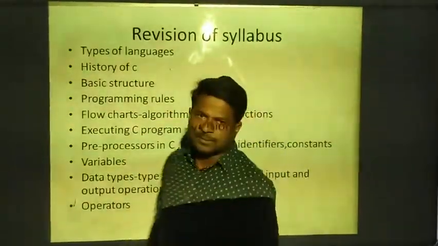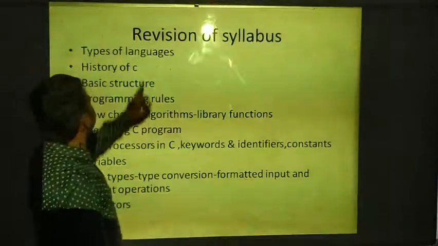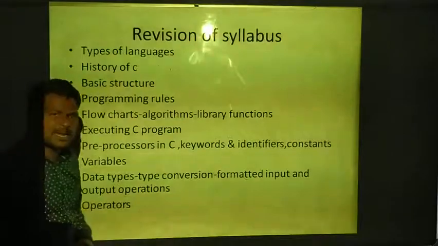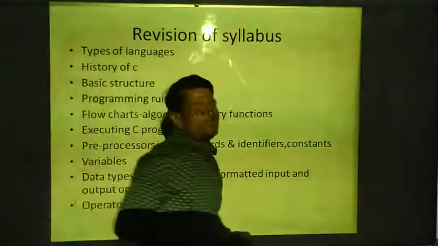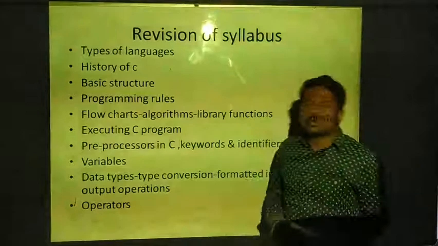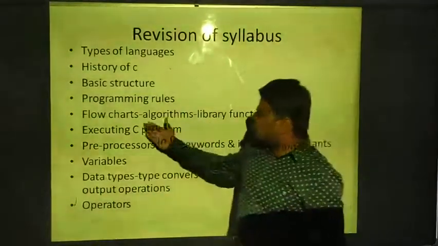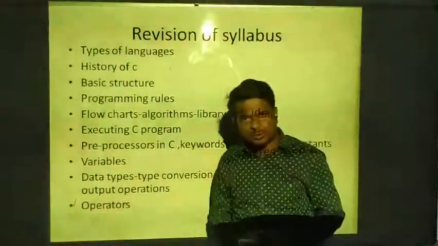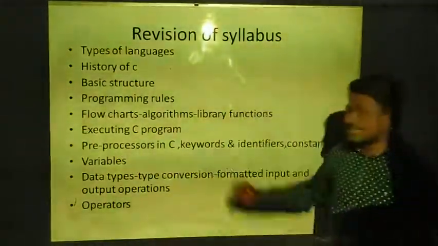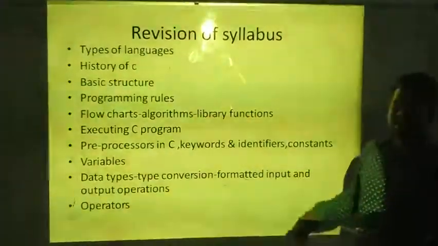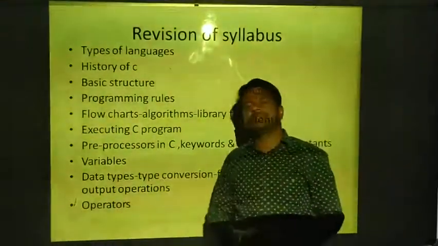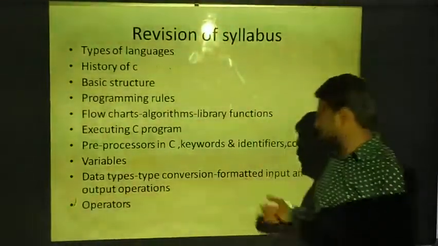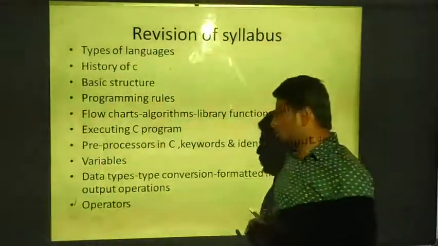The topics covered are types of languages, history of C programming language, basic structure of C programming language, programming rules, flowcharts, algorithms, library functions, and executing a C program, preprocessors in C, keywords and identifiers, constants, variables, data types, type conversion, and formatted input and output operators.